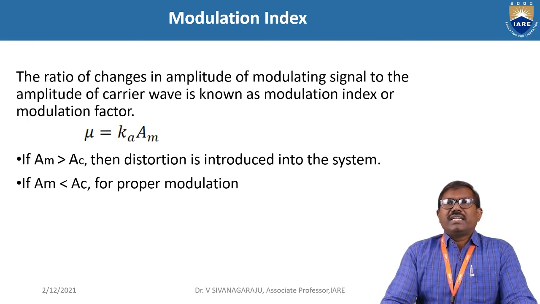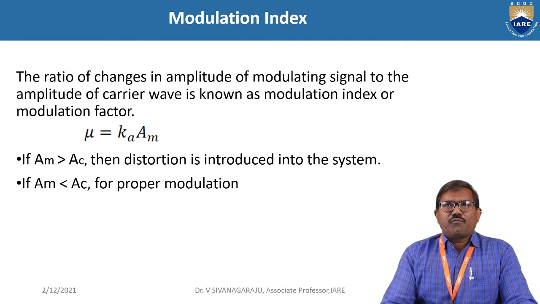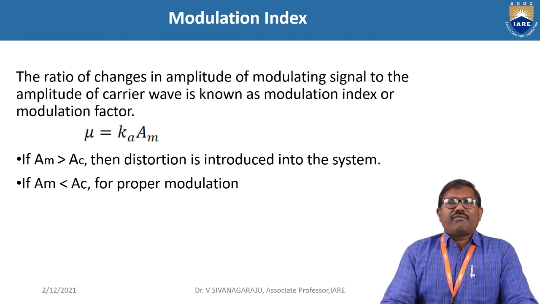Now the modulation index. The ratio of changes in amplitude of the modulated signal to the amplitude of the carrier wave is known as modulation index or modulation factor. So that is mu, which is equal to Ka AM. Ka is the amplitude sensitivity of the modulator and AM is the amplitude of the modulating signal.